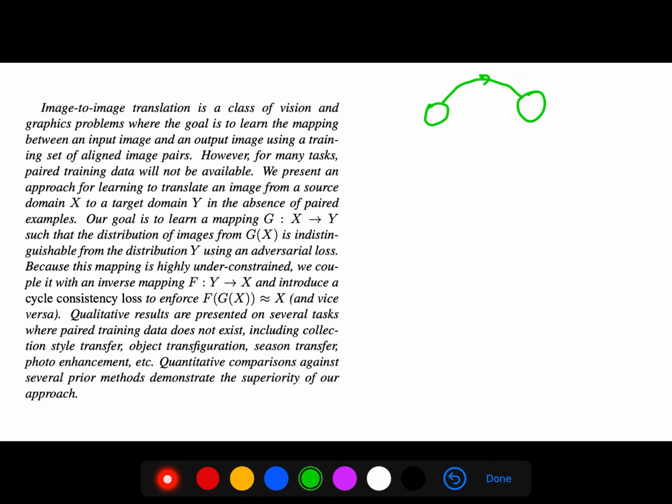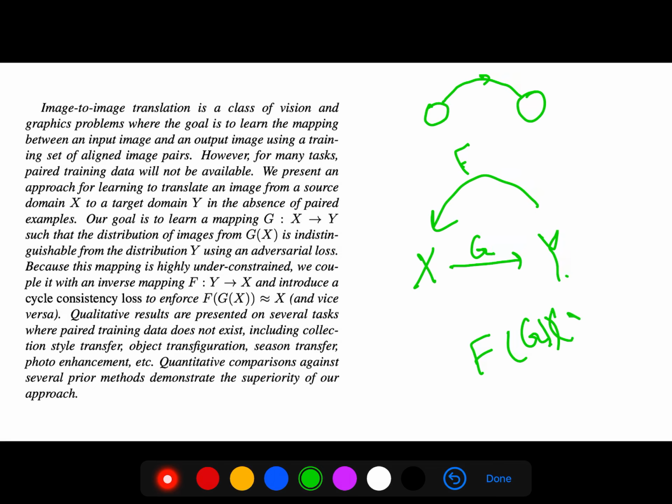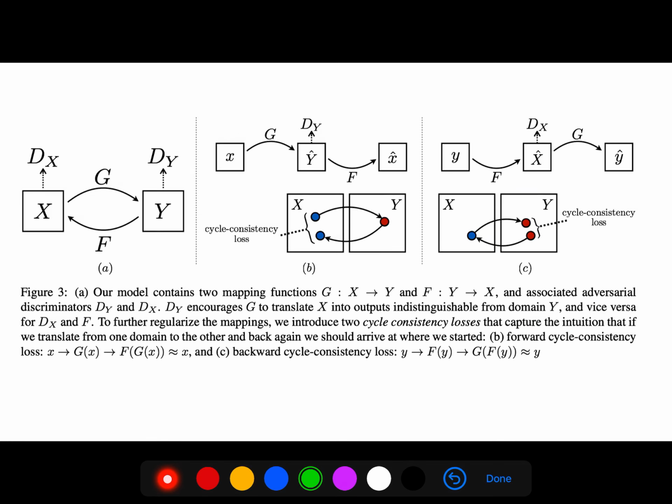Because this mapping is highly under-constrained, we couple it with an inverse mapping from Y to X. So the forward mapping is G, and our inverse is F. So that F of G of X is just X again.